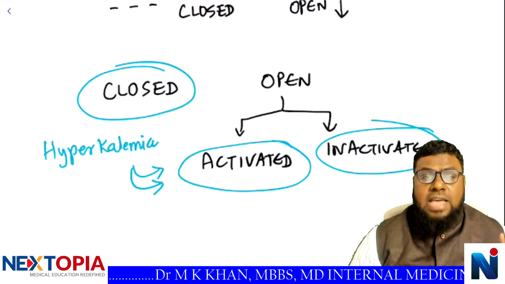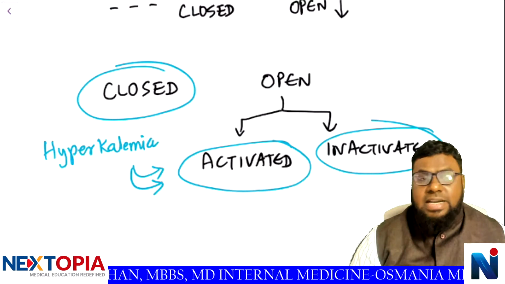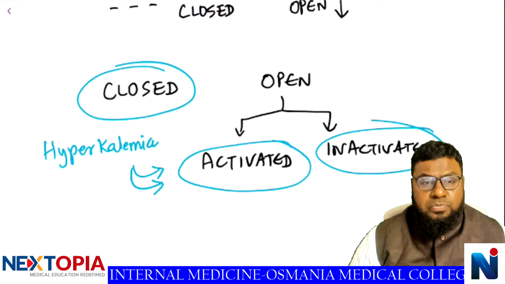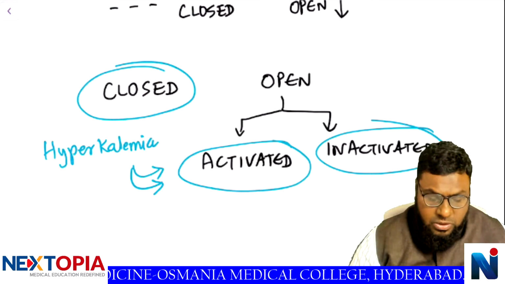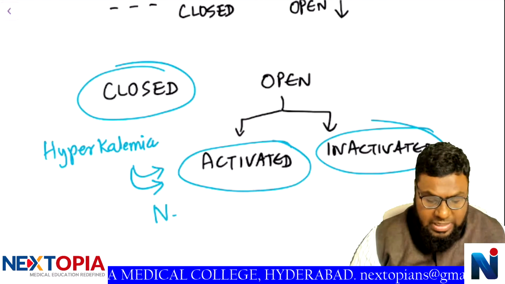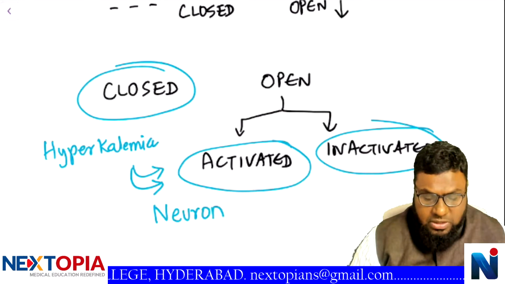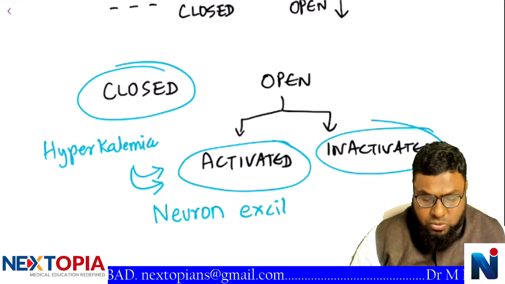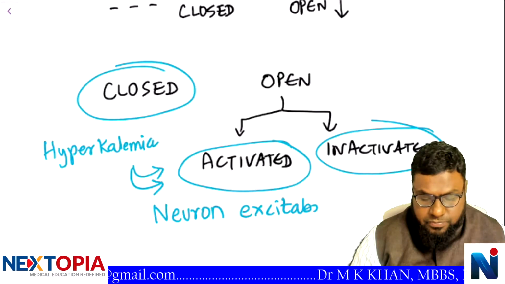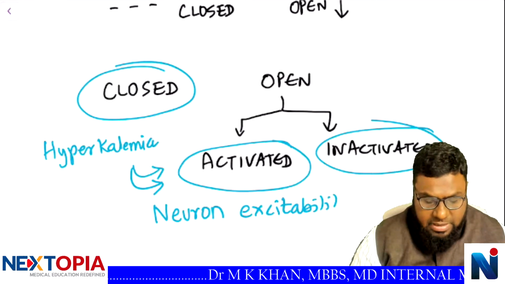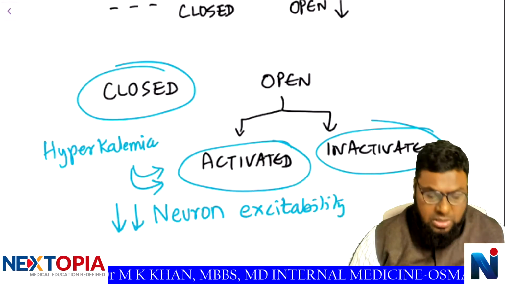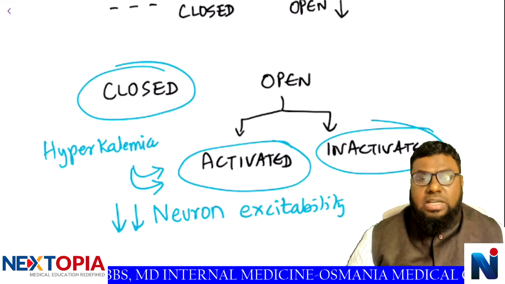The number of fast channels in the activated state is reduced, and because of this, what will happen to the neuronal excitability? The neuronal excitability comes down. Neuronal excitability gets drastically reduced as seen in hyperkalemia. You have to understand this part.